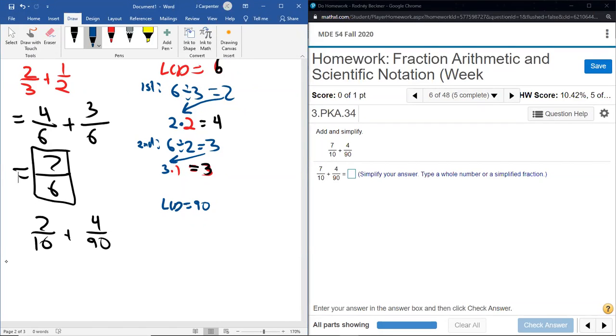So we write our denominators as the new LCD. That's the new denominator.